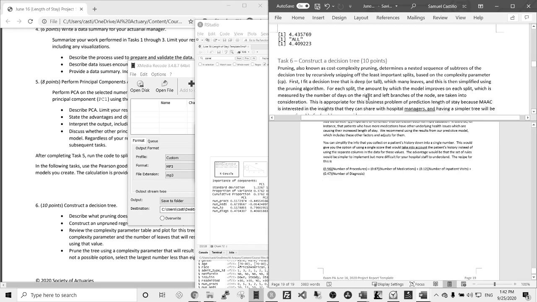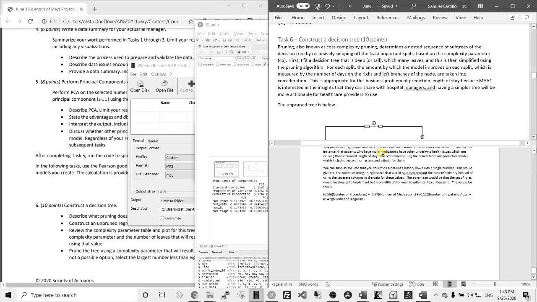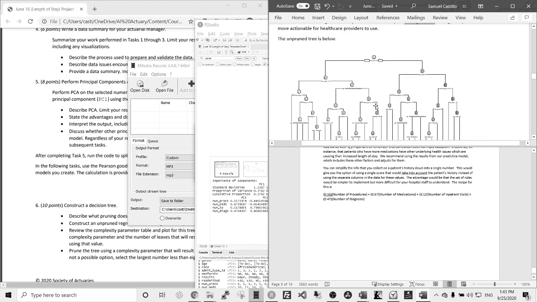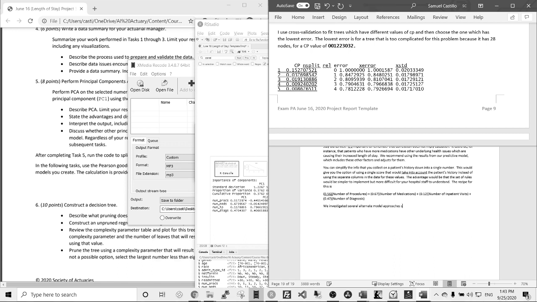Okay, moving on to task 6, which is construct a decision tree. And we don't need to include results from models that we don't use because this project is just looking at inference. And so because we don't end up using the decision tree, I would not even talk about the results. You could just say that we investigated several alternate model approaches so that the results which we are presenting to you are as reliable as possible.